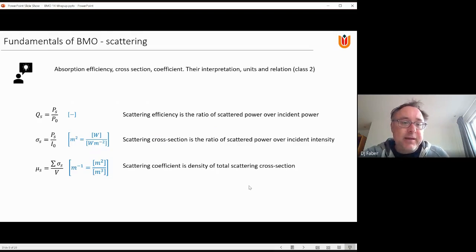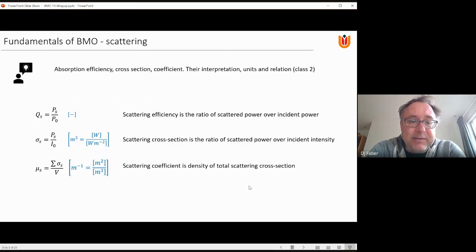For scattering, we actually use the same kind of formalism with efficiencies, cross sections, and coefficients, and their interpretation and their units are therefore also related. So the scattering efficiency is the ratio of scattered power over incident power. So the amount of power that is scattered away, the rest of the power just passes through unhindered.